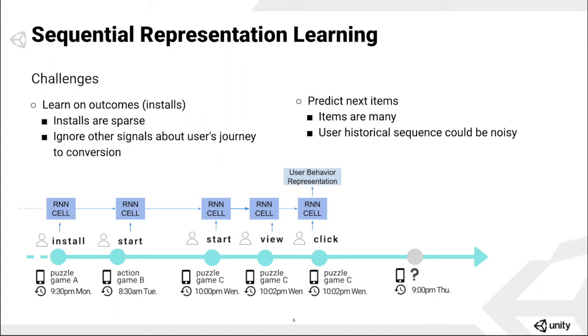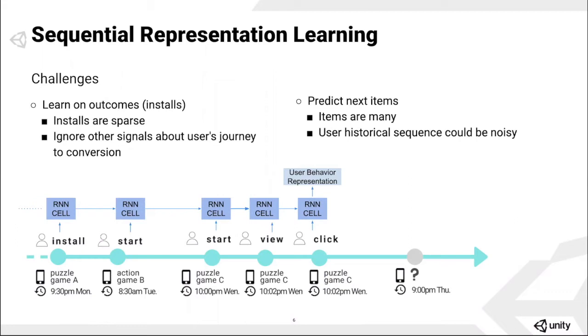However, in practice, we encounter some challenges when learning representations for user behavior sequences. If we learn representation on installs, the problem is that installs are sparse, so it's difficult to learn well. Besides, we couldn't fully utilize the information from the sequence itself. Other actions that the user performs, like views and clicks, may also indicate the user's interest in certain types of ads.